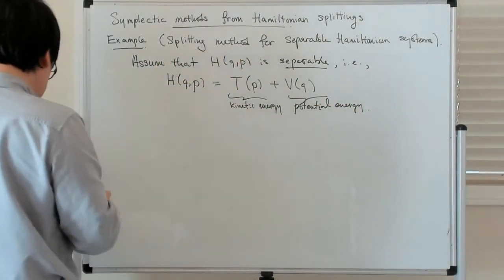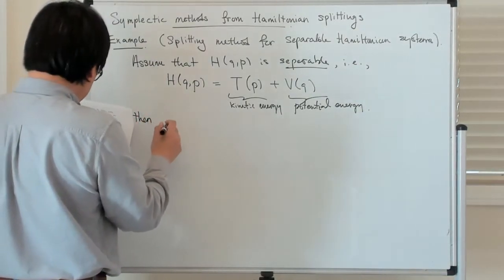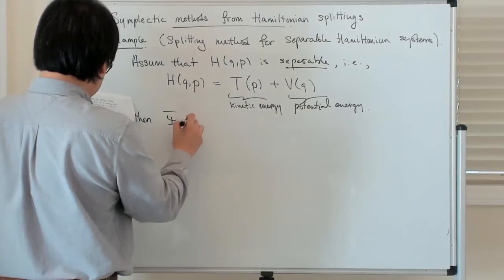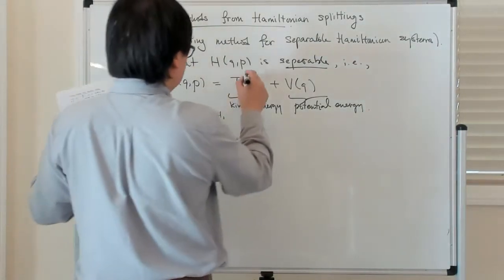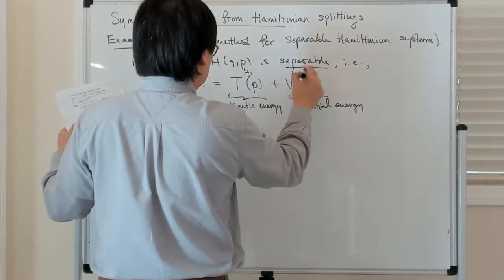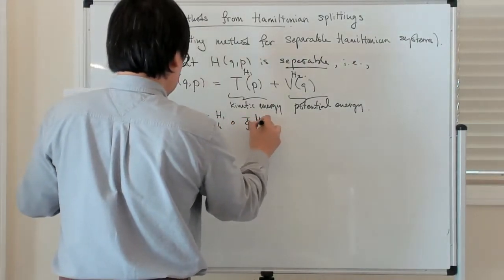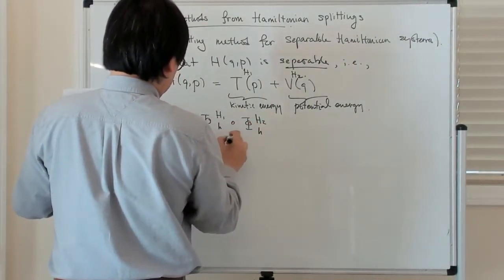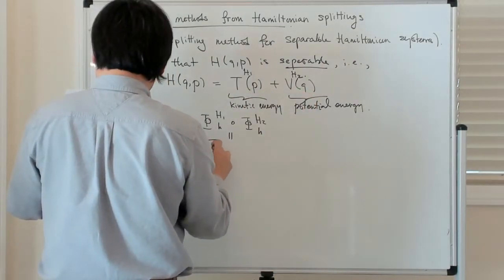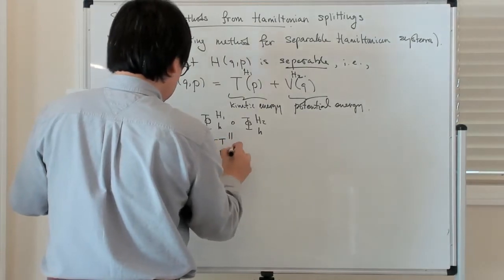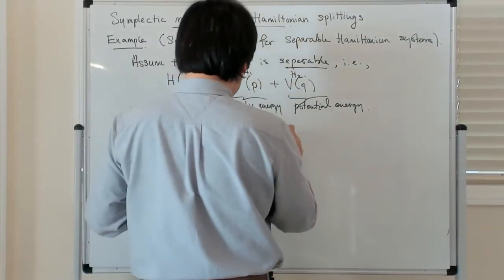Then by the theorem which we had, the composition of the exact flows, let's call them H_1 and H_2, and if you prefer, you can write it in terms of these kinetic and potential energy terms, is a first order splitting method.